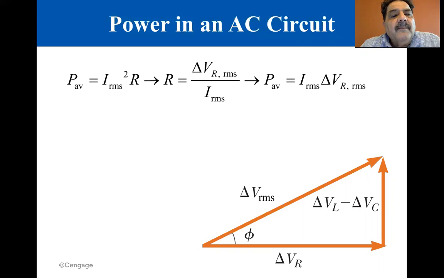So P average equals I RMS squared R. If we solve for R, knowing that R is V RMS divided by I RMS, it now becomes P average equals I RMS times V RMS, okay? Which looks like the original term for power. Power equals I times V.